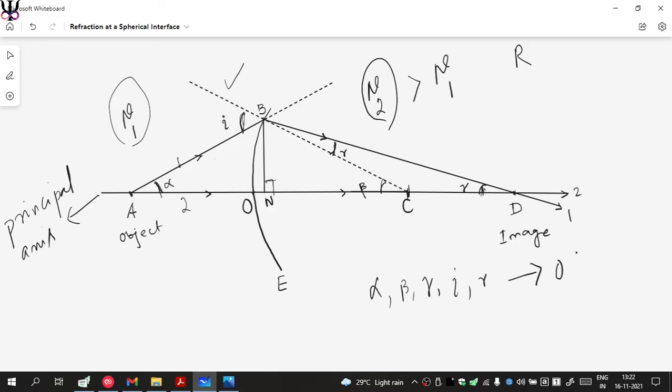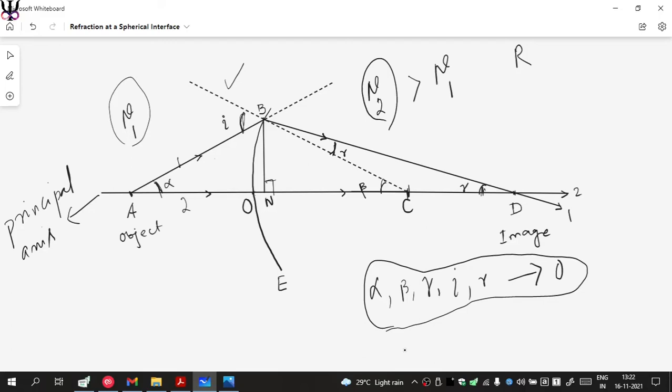Only then can we use the approximations to obtain an easy expression. Otherwise the expression is going to be very complicated. So the first approximation is that all the 5 angles are close to 0 when expressed in radians.